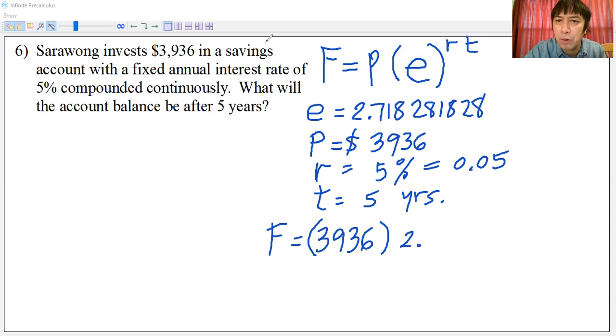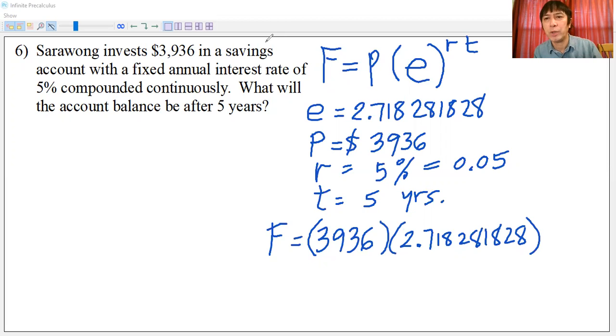You can use the constant here, 2.718281828, and then this is raised to the power R times T. R is 0.05, the product of this and the 5 years.